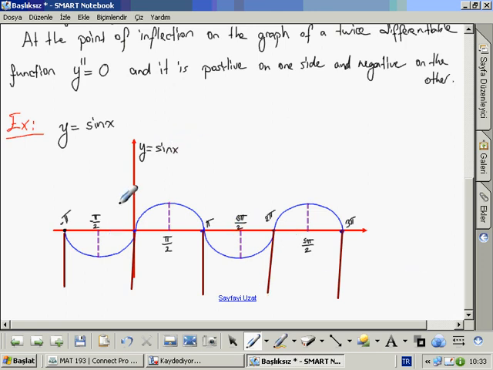Here we can say it is concave up, as you see, and here concave down. And here is concave up again, and here is concave down.